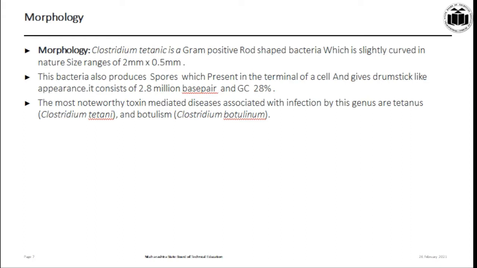This bacteria is rod shaped, slightly curved, and the size range of the bacteria is 0.5 to 2 mm. When we look at the staining, it gives a drumstick like appearance. Why? Because the bacteria has the ability to produce spores.